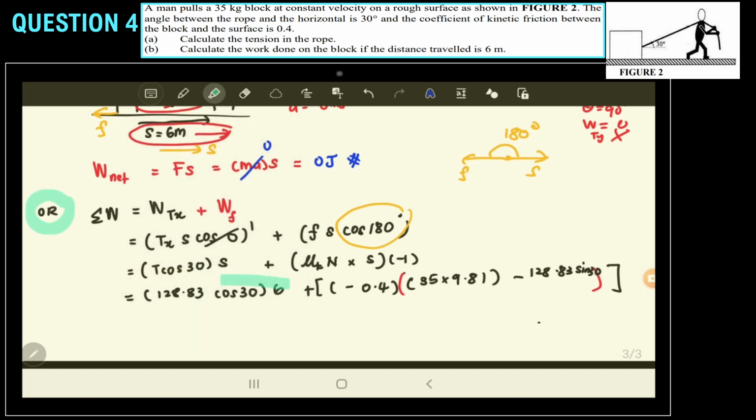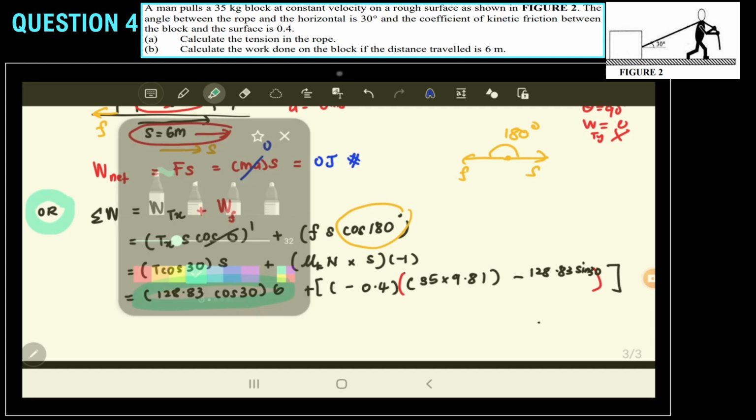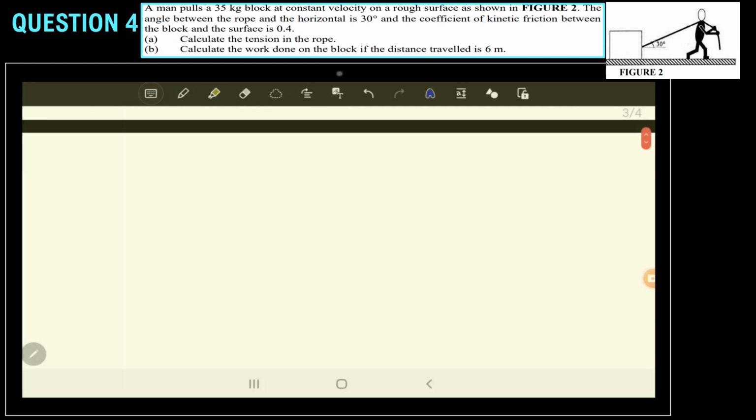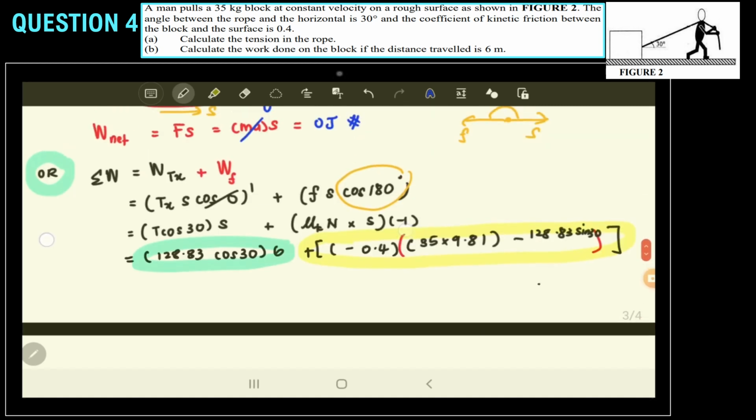So this value minus this part, this value, okay, green minus yellow, finally you will have the total work done on the block is equal to 0. Okay, kalau awak tak percaya, awak kira lah, awak tekan calculator.